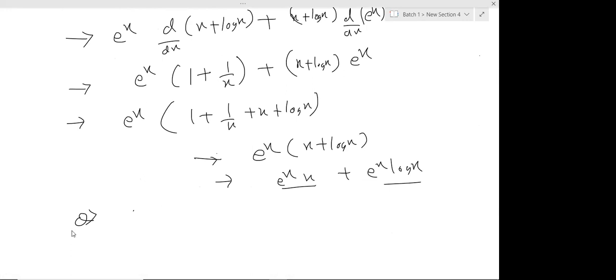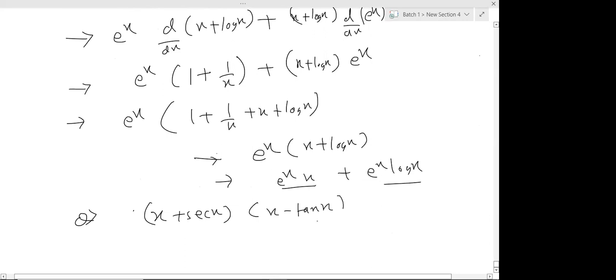Next question. x plus sec x into x minus tan x. Try to solve this one.